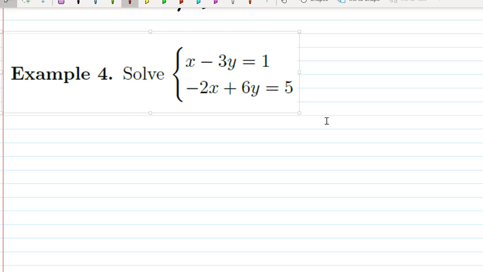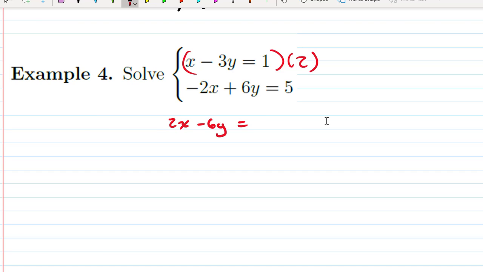So once again, let's go ahead and do the elimination method. So to eliminate my x's, I'm going to multiply everything in equation 1 by 2, and that gives me 2x minus 6y equals 2. My second equation is then fine, so I have negative 2x plus 6y equals 5.